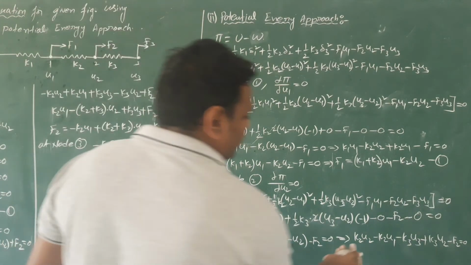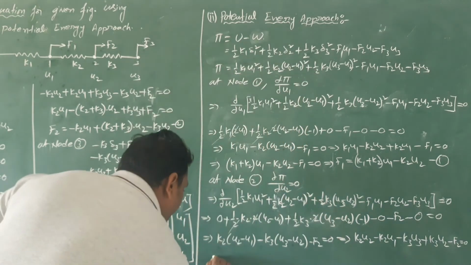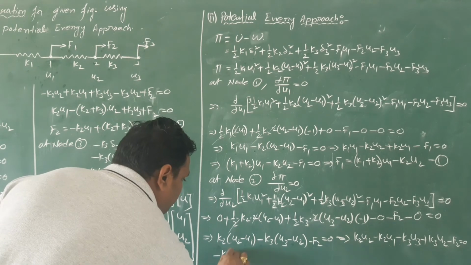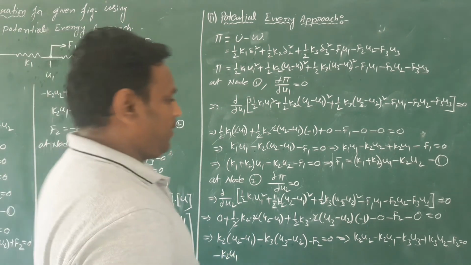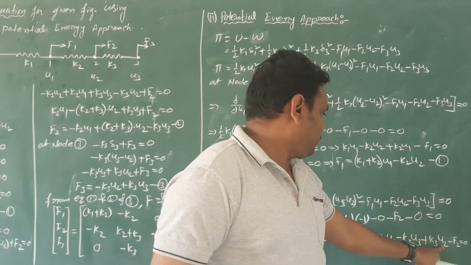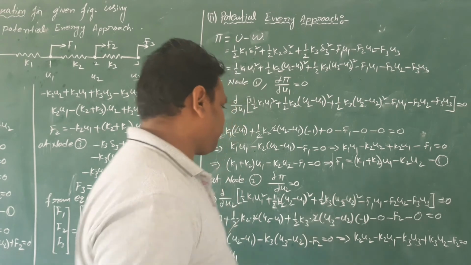After simplification, only one u1 is there, so finally minus k1 u1. And here u2 is there, and here also u2 is there, so this is positive, this is also positive.